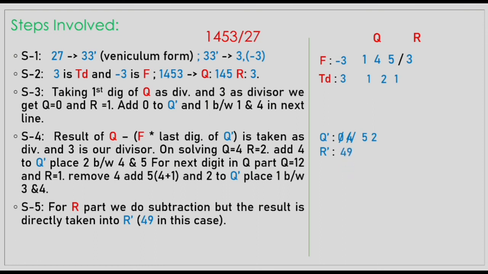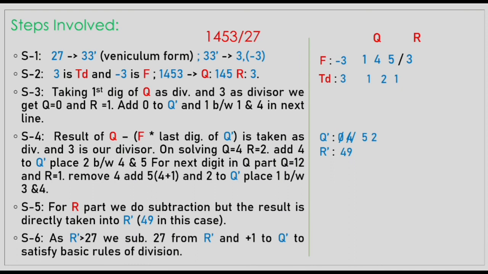So remainder is 49, but there's an important rule that must be satisfied. As remainder is greater than 27, we subtract 27 from remainder and add 1 to quotient to satisfy the basic rules of division. So 1 is added to q dash, minus 27 to r dash. So quotient is 53 and remainder is 22 after solving this division calculation.